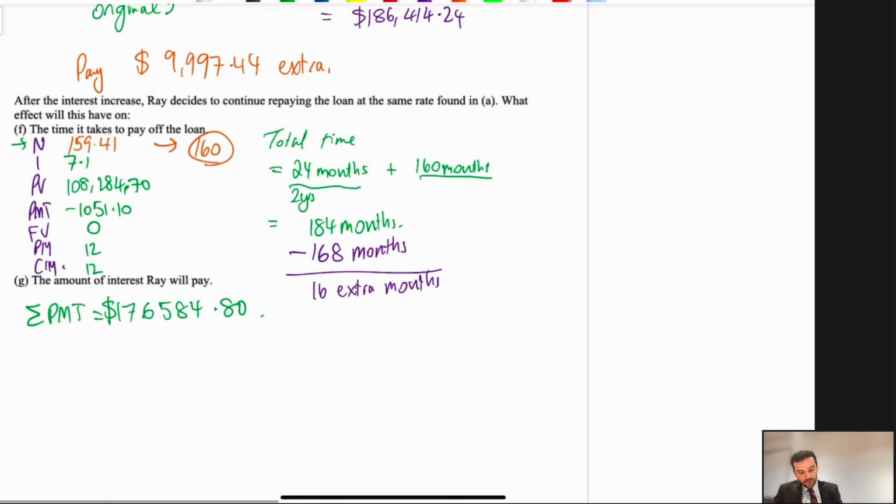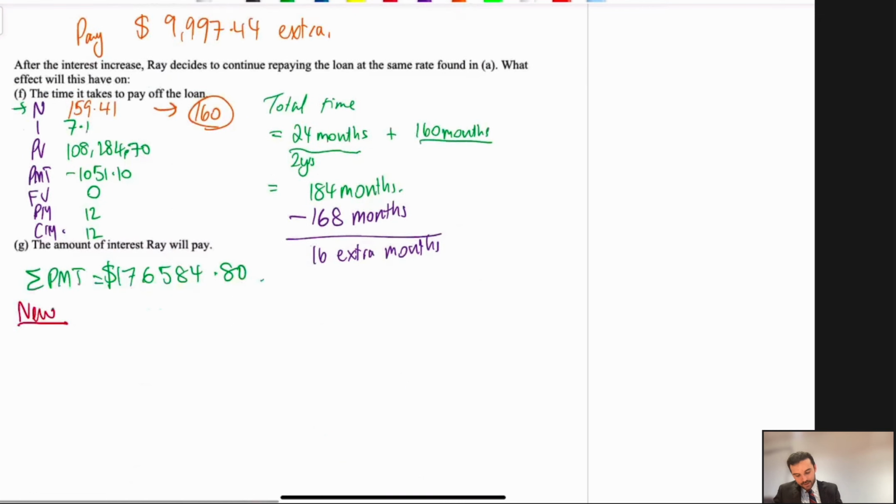Now we need to find out the new balance. So here we go. This is where the changes are, and what was it? Is it 7.1%? And then original payments.